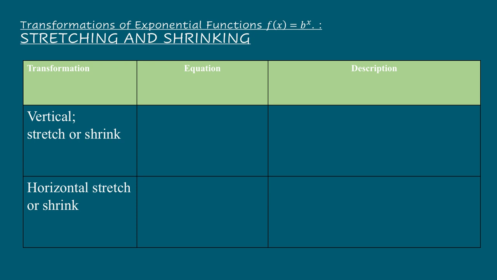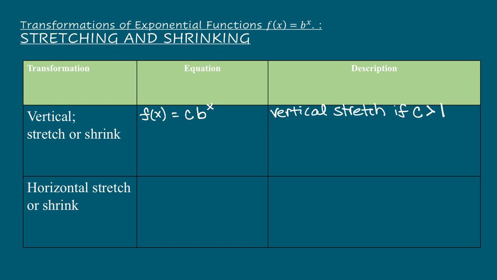If I apply the change to my base, so if I take my function and I say f of x equals c times b to the x, I will have a vertical stretch if c is greater than 1.